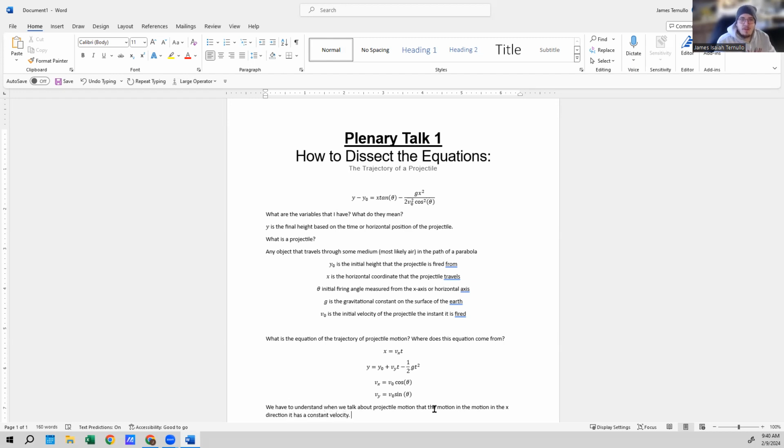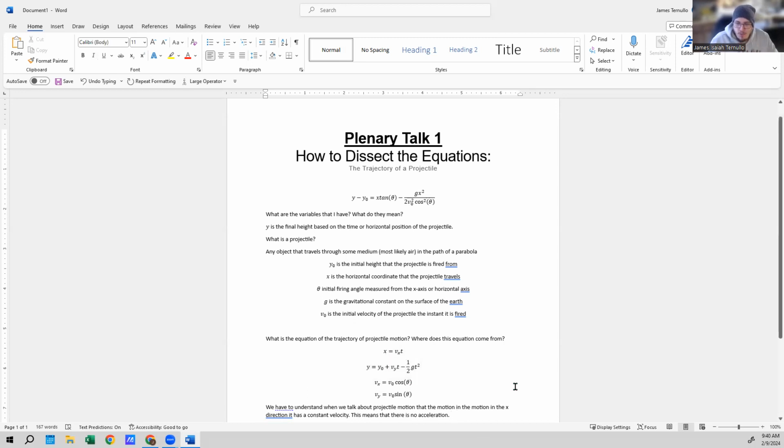So what does it mean when something has a constant velocity? It means that there is no acceleration. So since velocity is a constant, that means that the only thing that changes in this equation when time changes is the x position itself.